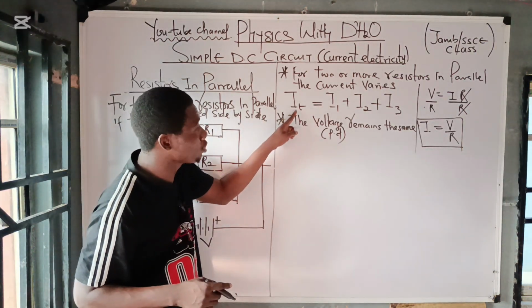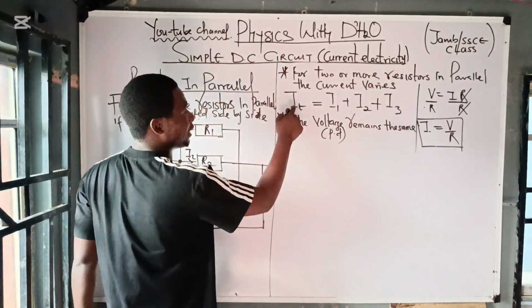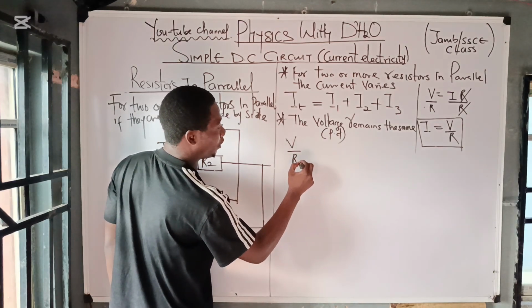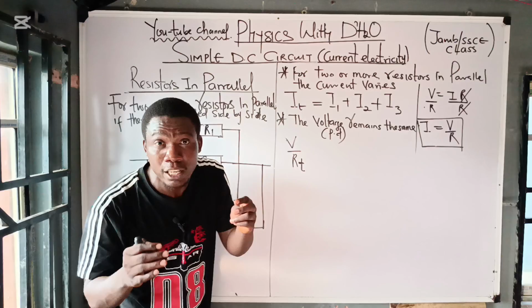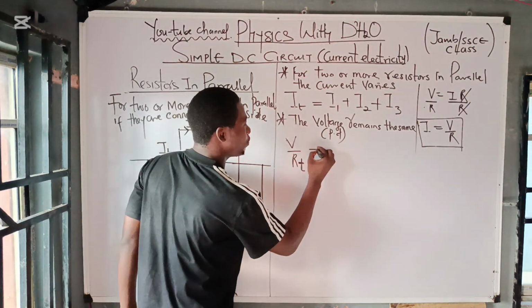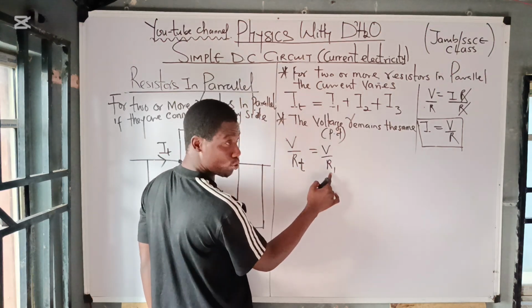Now, this I total is equal to V over R. So for our I total, we have V over R total. I did not put V total. Why? Because the voltage is the same. No need. So in this place, you have V over R1, because you have I1, you have R1.